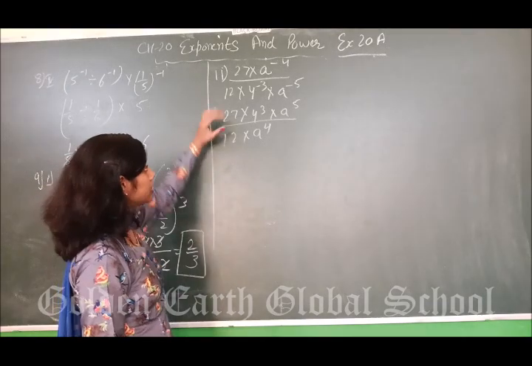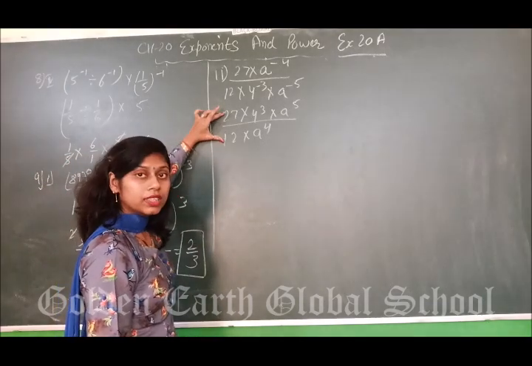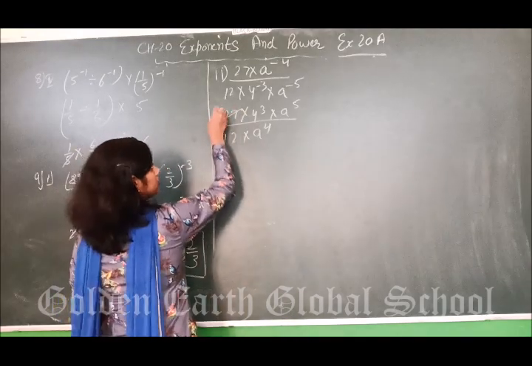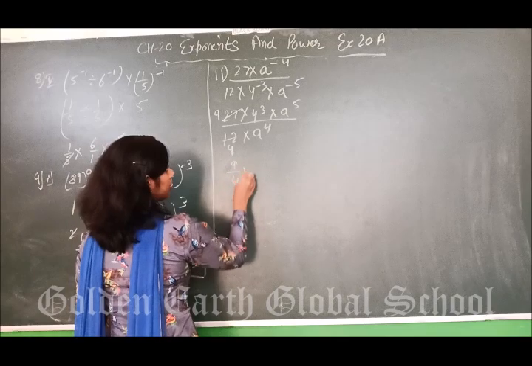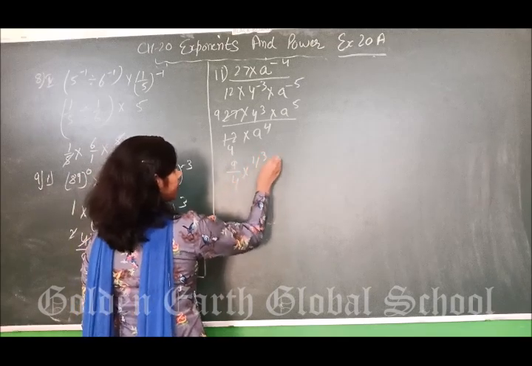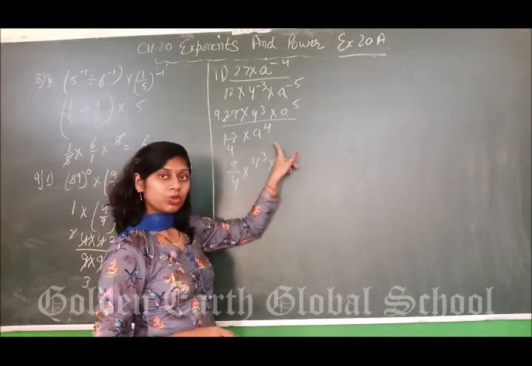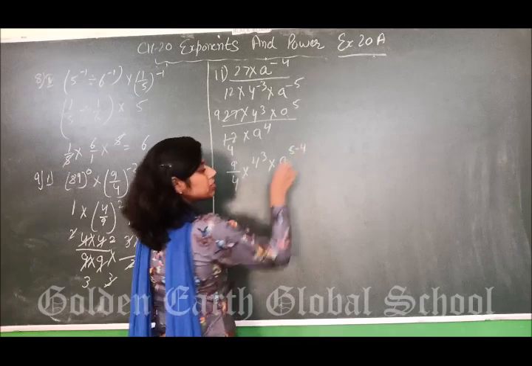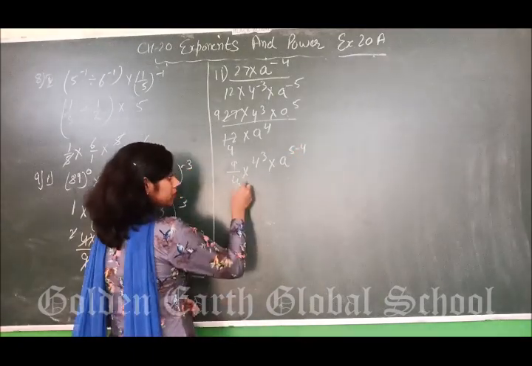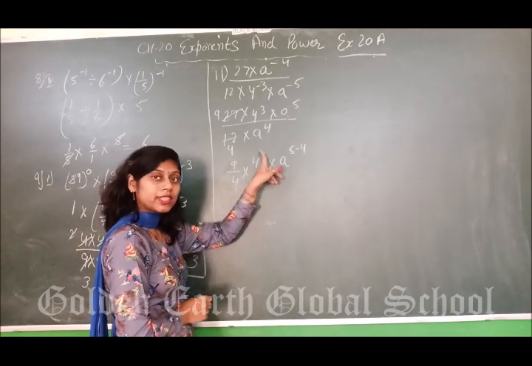Now simplify the terms. 27 and 12 will cancel on the table of 3, giving 9/4 into 4 raised to power 3. Here for the power of a, bases are the same, terms are in division, so the powers will get subtracted. a raised to power 5 minus 4. One 4 will be cancelled. Here is power 3, meaning 4 can be written 3 times.